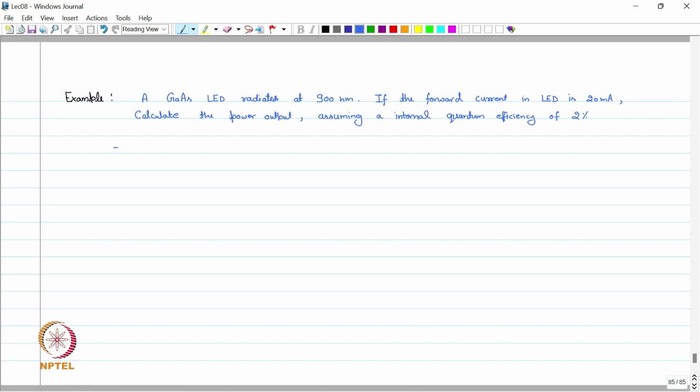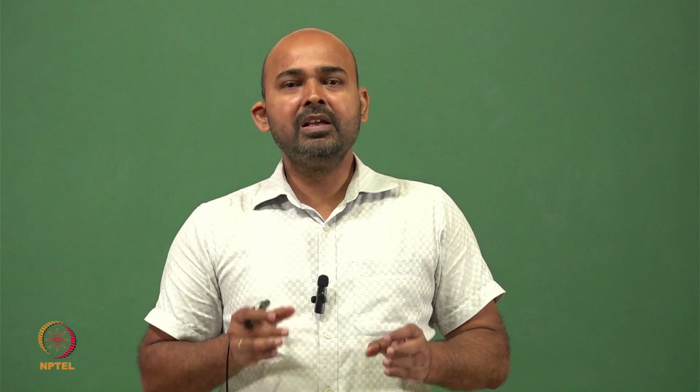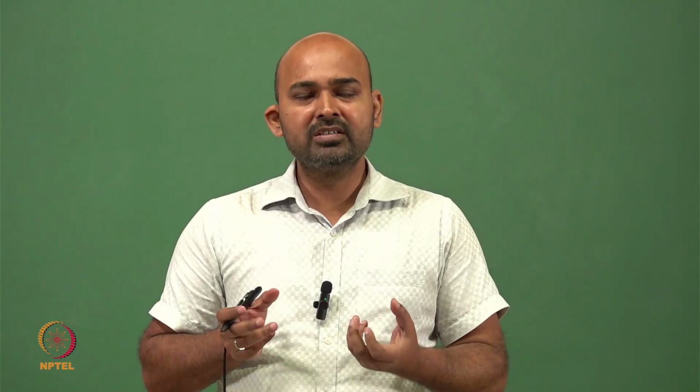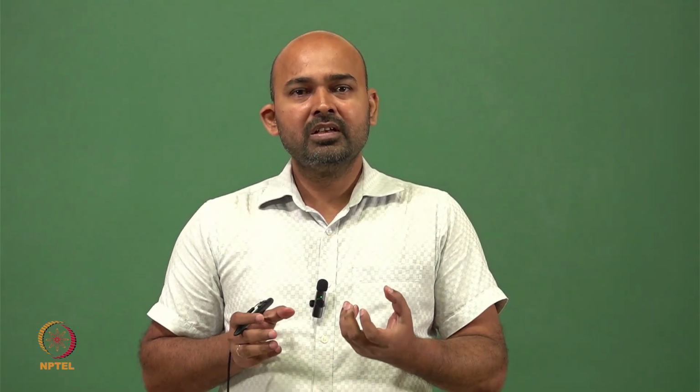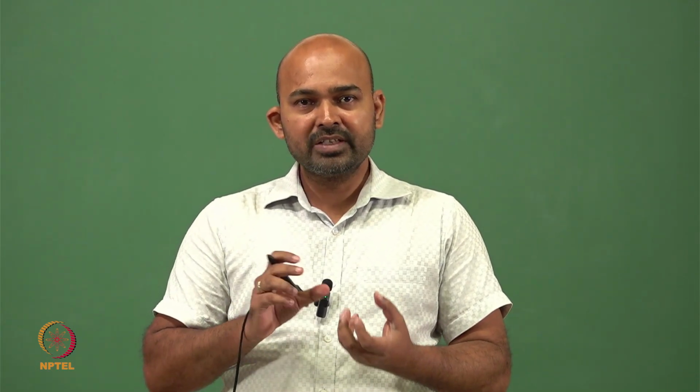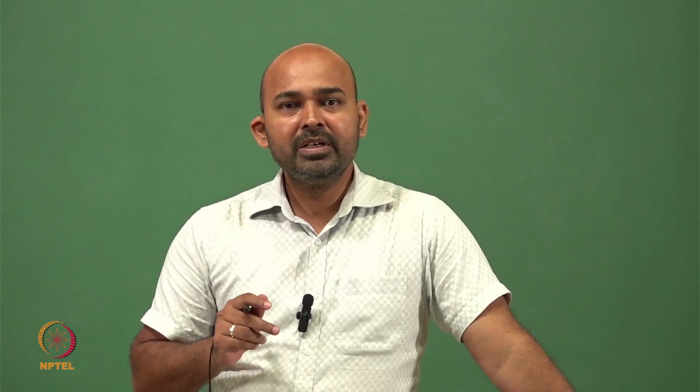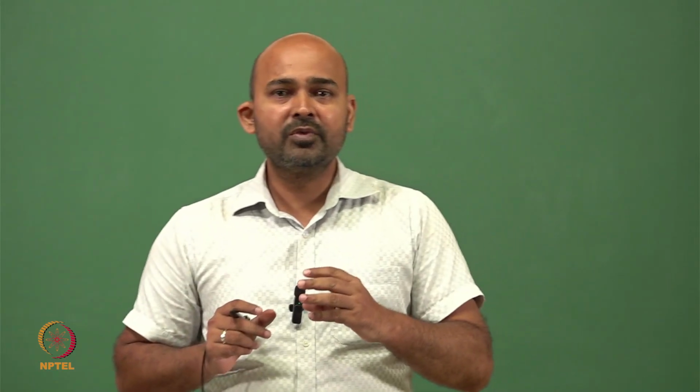So in this example, it's given that we have a gallium arsenide based LED, and this LED radiates at 900 nanometer. So 900 nanometer is the wavelength of the photon. It means we can calculate the energy of a single photon it radiates. If the forward current in the LED is 20 milliamp, it means 20 milliamp current is flowing.